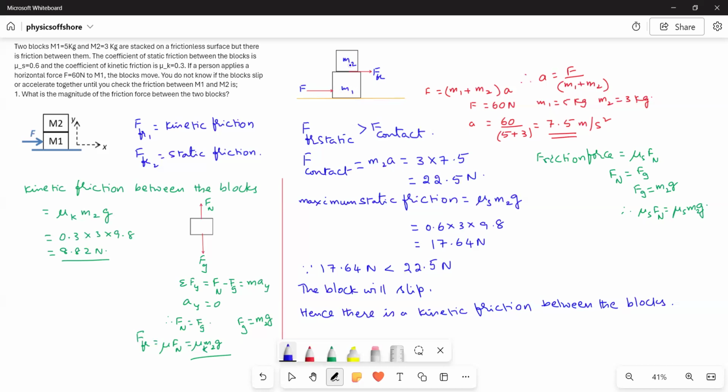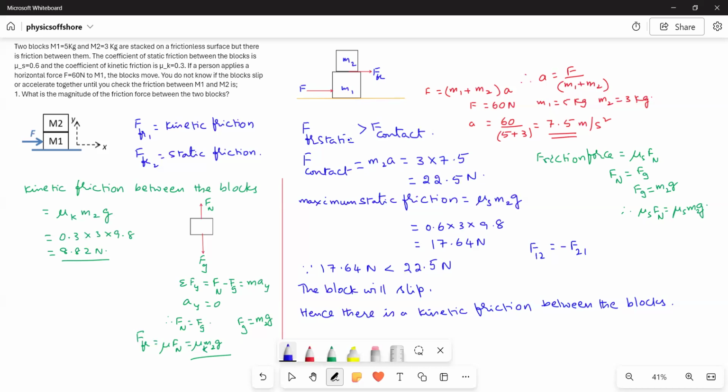Whatever force the second block applies on the first block, the same amount of force the first block applies on the second block. That means F12 is equal to F21, but in the opposite direction. So F contact is equal to M2 a, that is 3 times 7.5, that is 22.5 newtons.